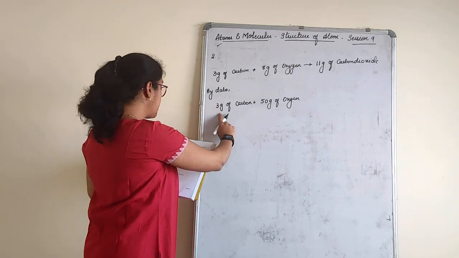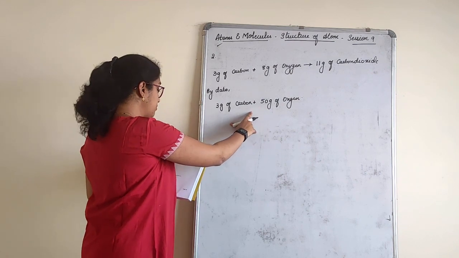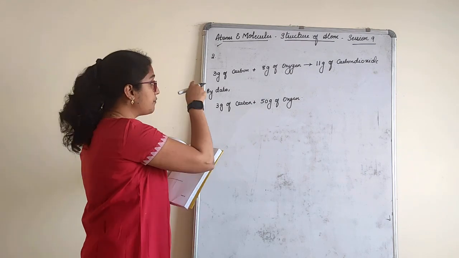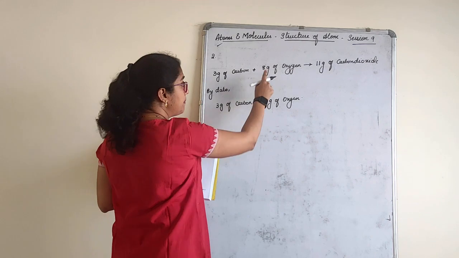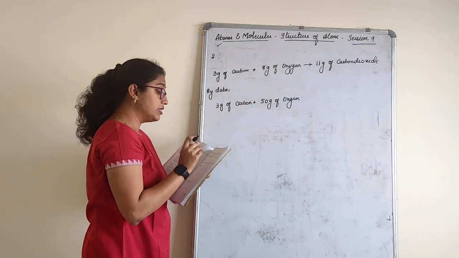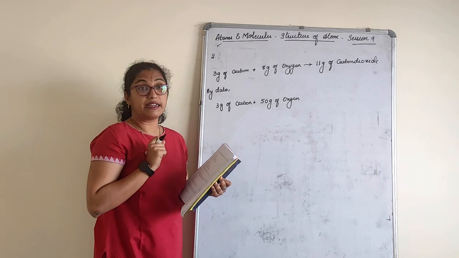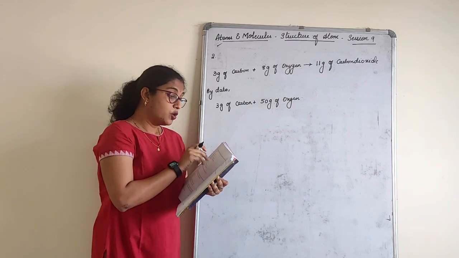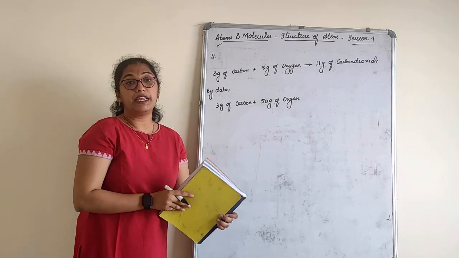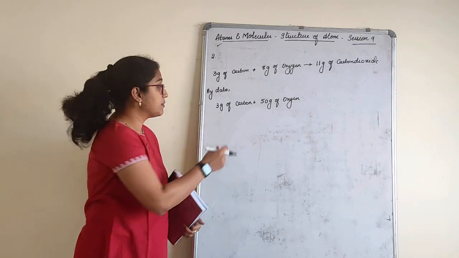If 3 grams of carbon is burnt with 50 grams of oxygen, comparing with 3 gram and 8 gram of oxygen, the remaining 42 gram of oxygen will be left unreactive. Why? Because only 11 grams of carbon dioxide will be formed. That is fixed, children.